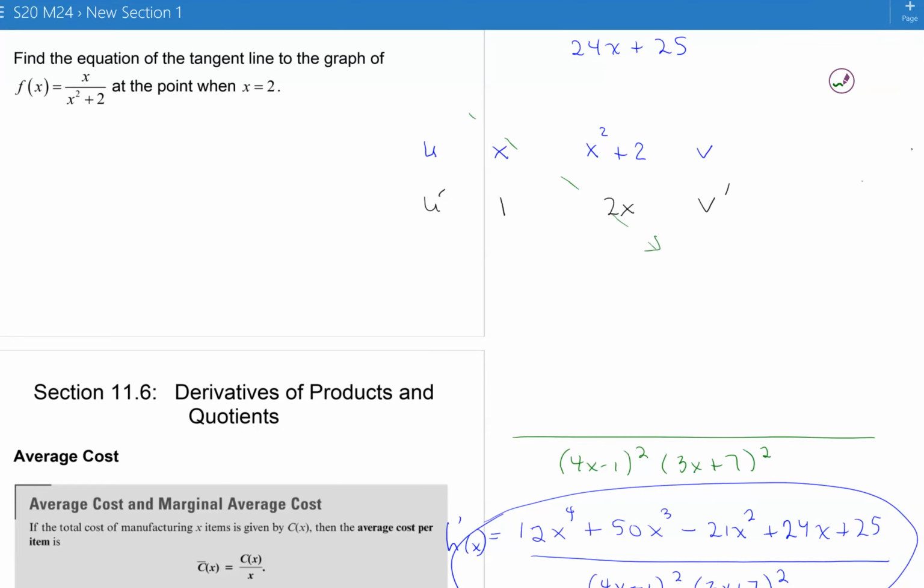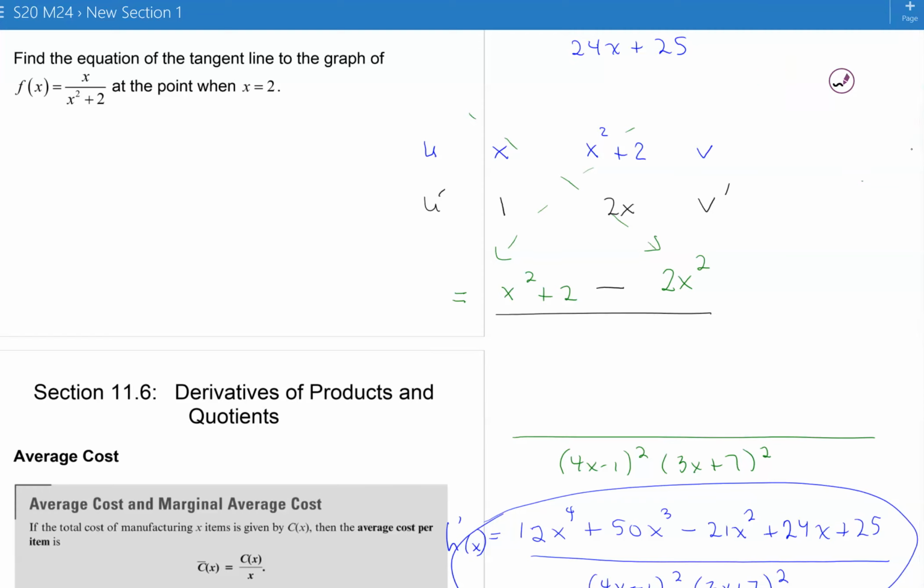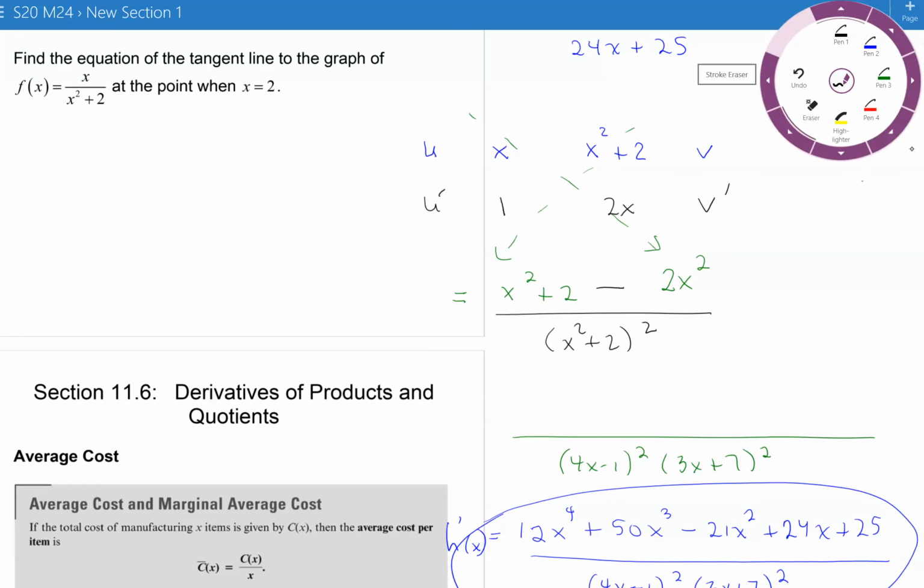So then I'm going to do my crisscross multiply and get 2x squared, and the other crisscross way, x squared plus 2, and those are getting subtracted. Sorry, keep my mind on what I'm doing. All over x squared plus 2 squared.